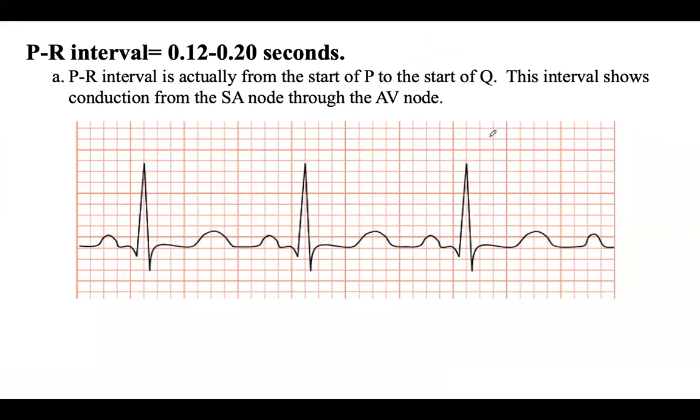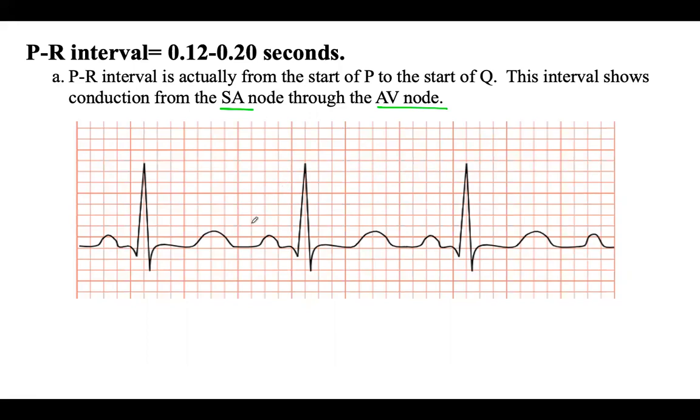Now, the fourth cardinal rule for assessing our ECG is looking at the PR interval. The PR interval starts from the P and ends with the beginning of the QRS complex. This interval shows how the electrical impulse is moving from the SA node to your AV node.